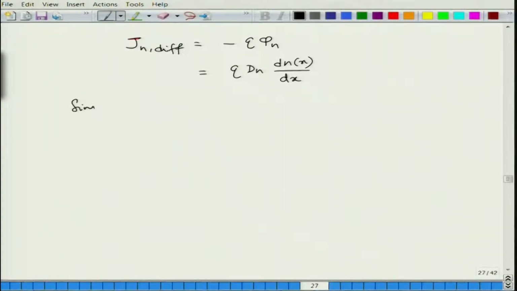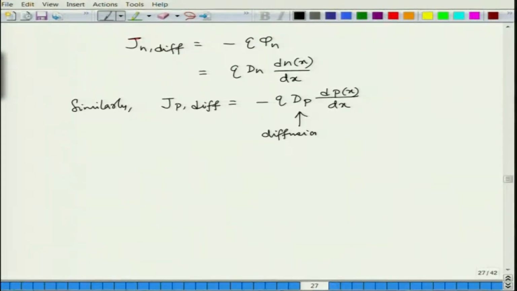Similarly, the current density for hole diffusion will be minus q D p dp/dx. Okay. So, here also you will see that this is the diffusion coefficient for hole.